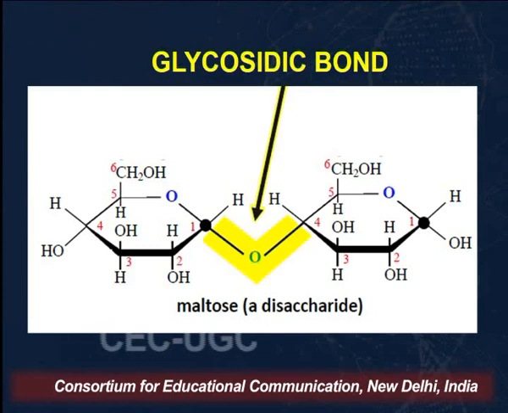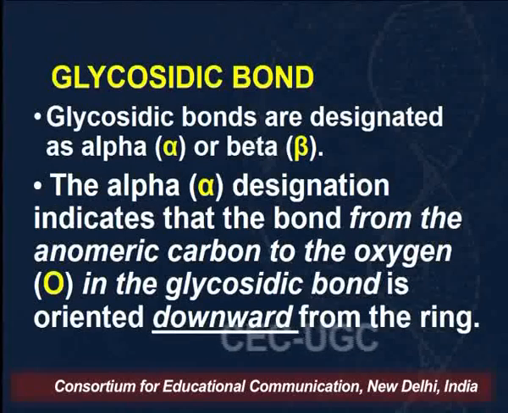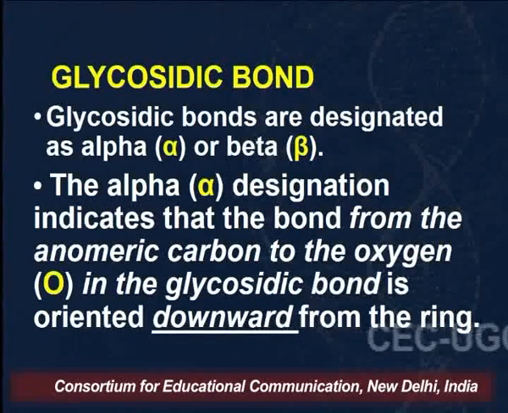So now the question is, what do we mean by these Greek and Arabic numeral terms? What does alpha or beta indicate when we are referring to a glycosidic bond? And what do the 1,4 numerals indicate? Let me discuss this in detail first, and then we will discuss the properties of maltose in detail.